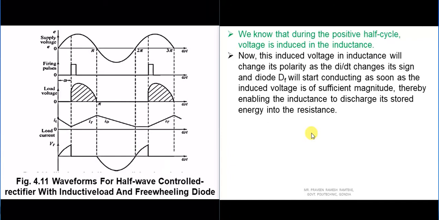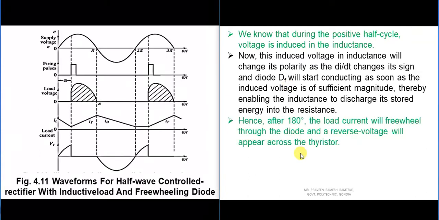What is the function of an inductor? To oppose the rate of change of current. This rate of change of current is opposed by the inductor, and diode DF, as it is reverse biased, will not conduct during the positive half cycle, but as soon as the negative voltage comes because of the half waving, the diode will conduct and the inductor will discharge.